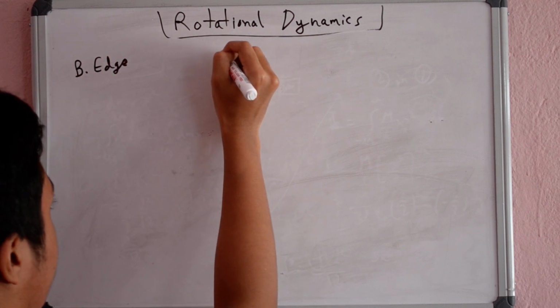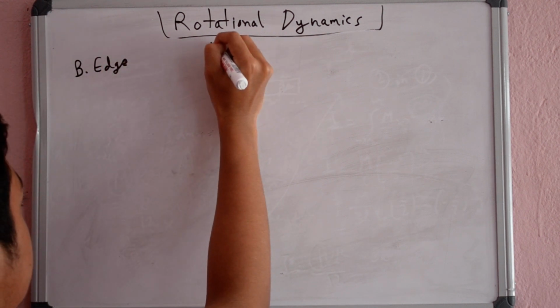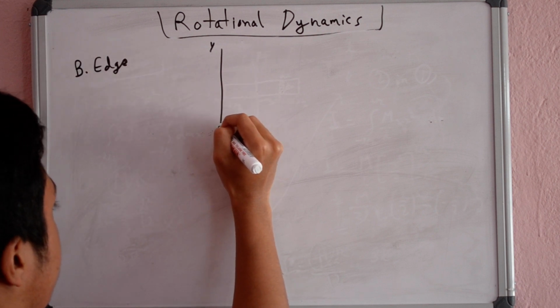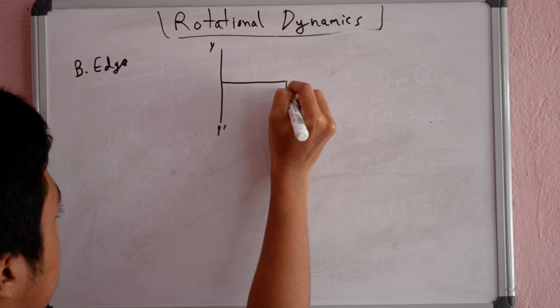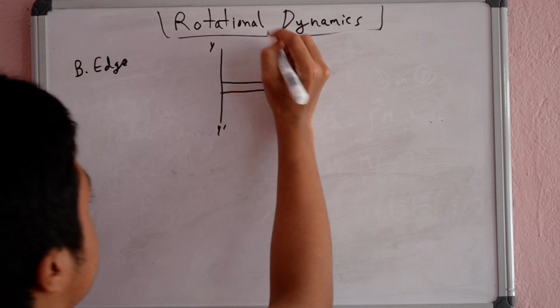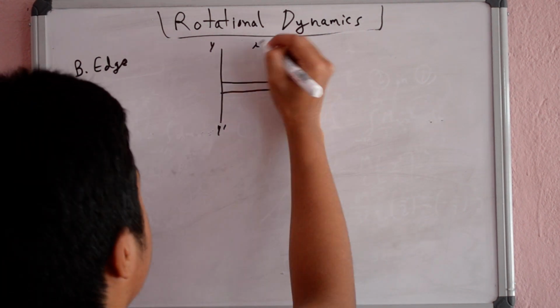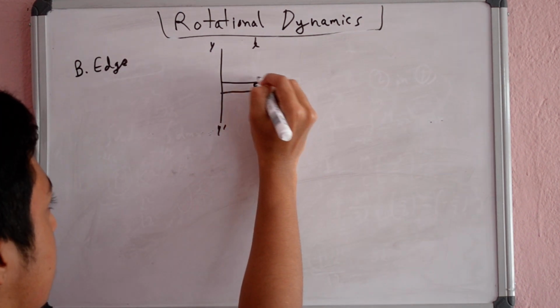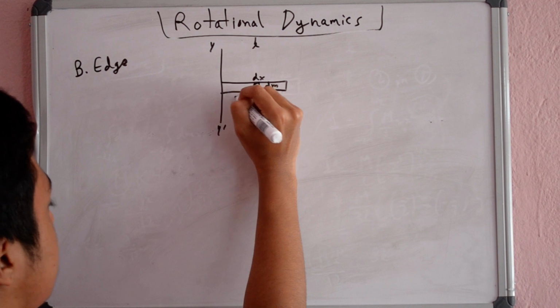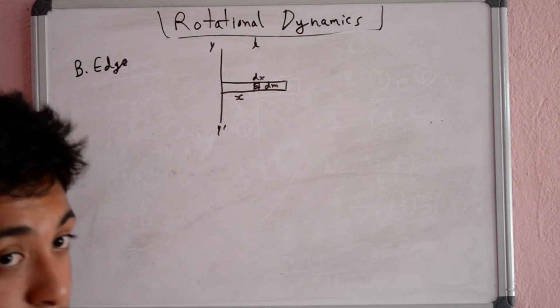So again, this is the axis of rotation. Now let's say this is the length L again, and again the small distance dx having small mass dm lies at a distance x from the axis of rotation.